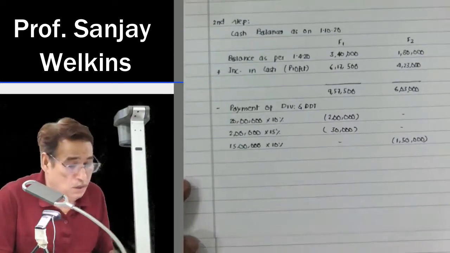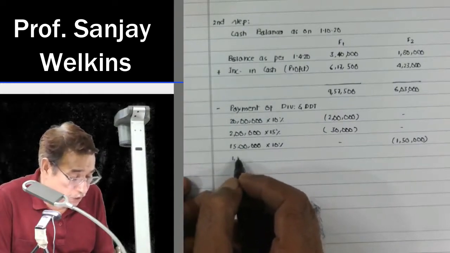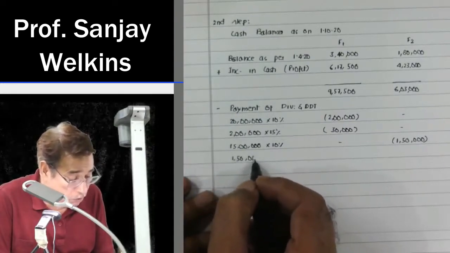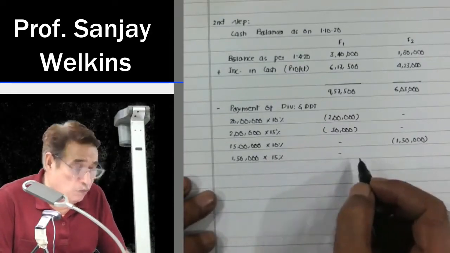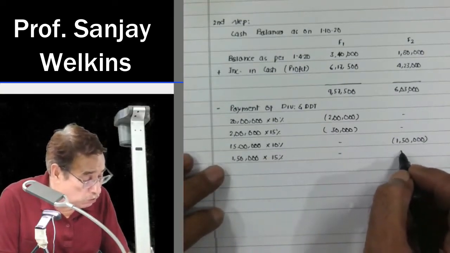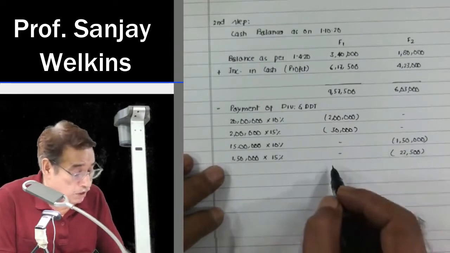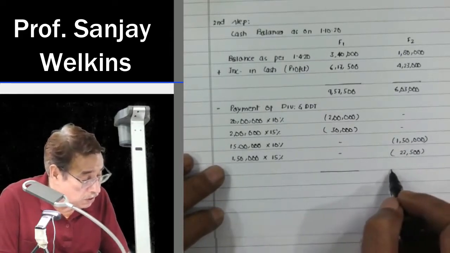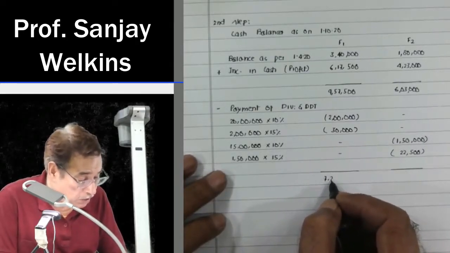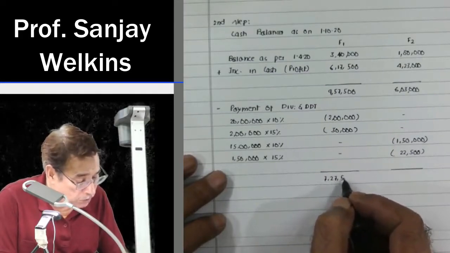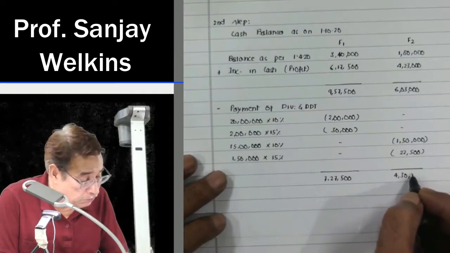Dividend tax will be computed on the amount of dividend at the rate of 15%. So 15% of 1,50,000 will be equal to 22,500. When we make the payment for dividend, our cash amount will reduce. So now I may say that the cash balance of F1 Limited is 7,27,500 and the cash balance of this particular company is 4,30,500.